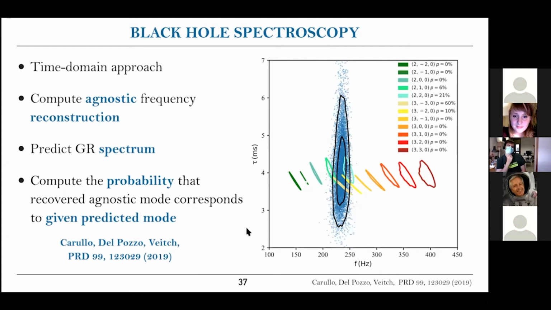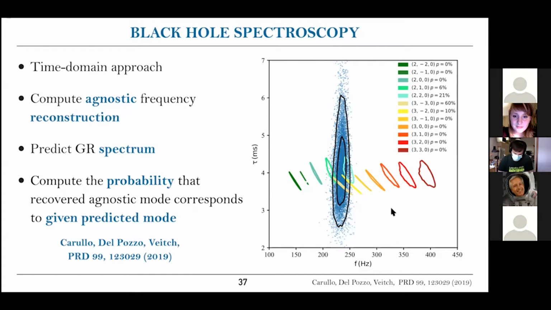You can then invert them to find some mass and spin and predict this spectrum with that. So there are several flavors in which you can do this. I just showed the basic one here. Yes, you have to assume the prediction of the spectrum as a function of the mass and the spin in order to be able to do this.